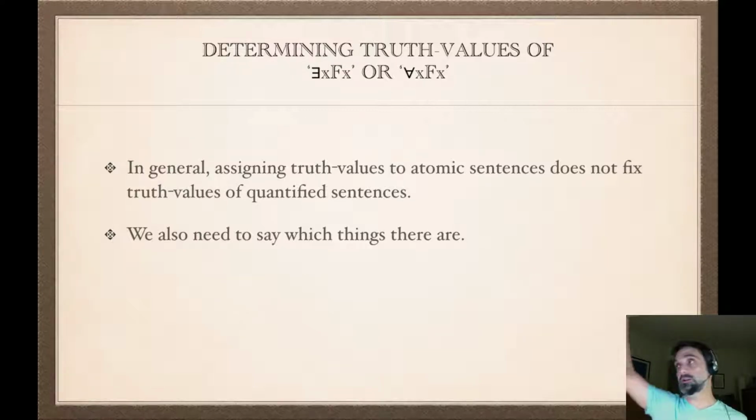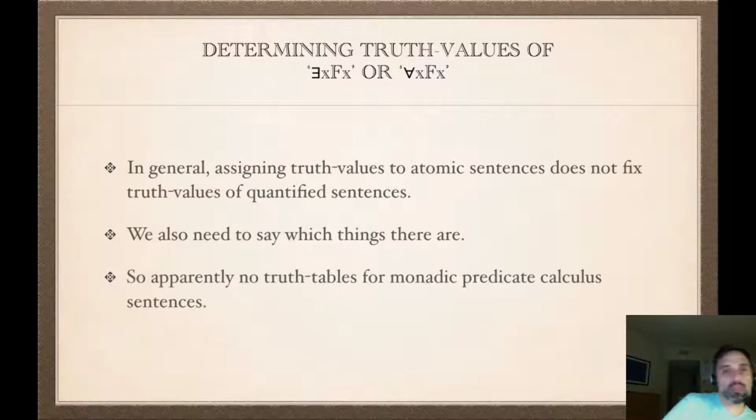And if you say, here's a long list of things that are not F, but you don't know whether or not that list contains all the things, then you don't know whether or not some x Fx is true. So you can't do truth tables for sentences of the monadic predicate calculus. They won't work. They're not the right kind of thing.